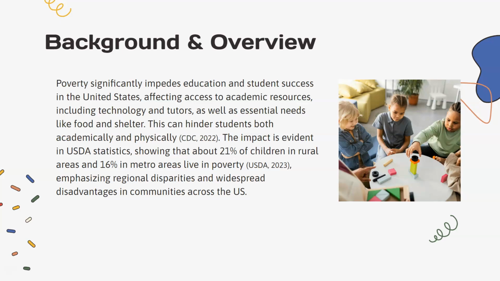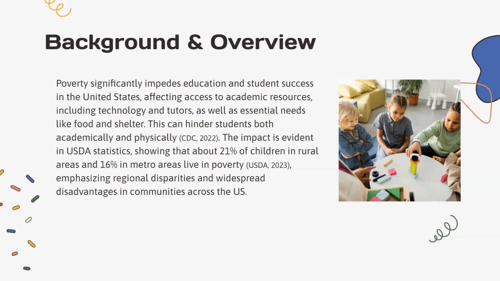This food insecurity can hinder a student both academically and physically, as established by the Centers for Disease Control in a 2022 article, basically stating that it makes it more difficult for a student to concentrate on their academics when they're not provided a nutritious meal.